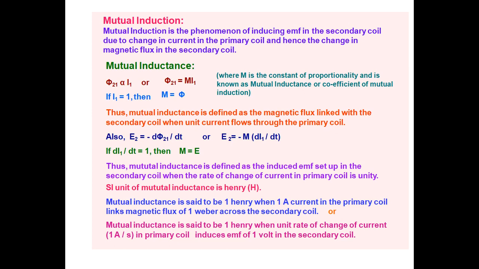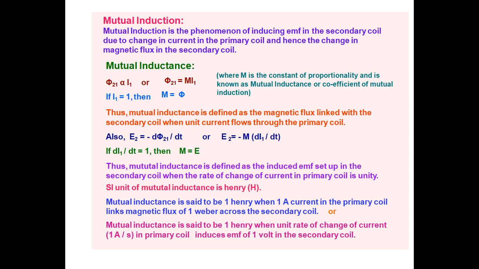If dI1 by dt is 1 unit, then M is equal to E. So the mutual inductance is defined as the induced EMF set up in the secondary coil when the rate of change of current in the primary coil is unity.